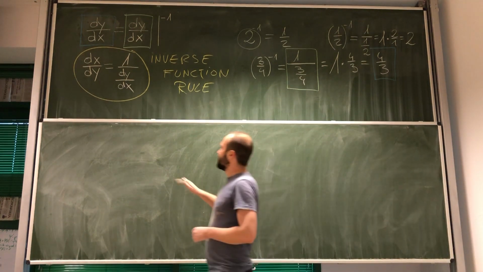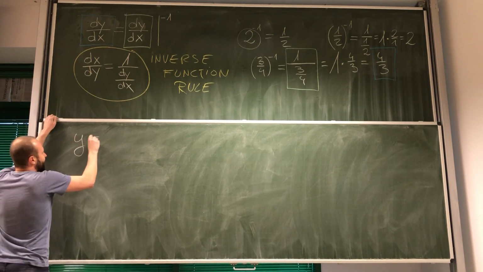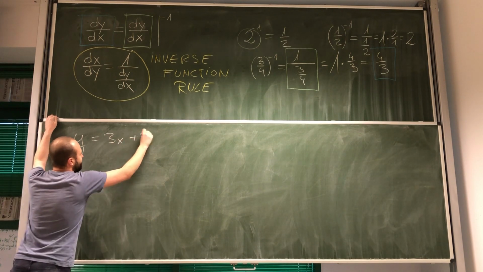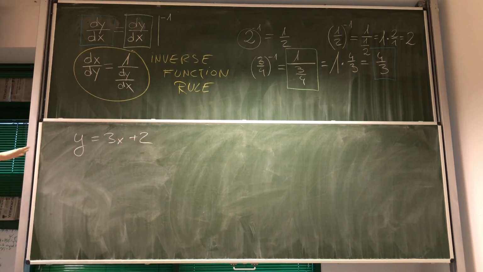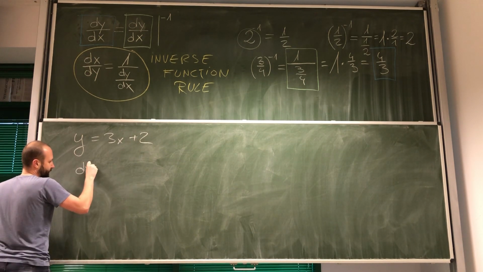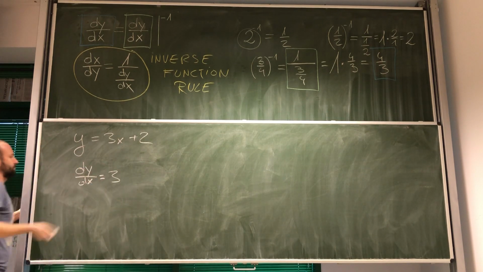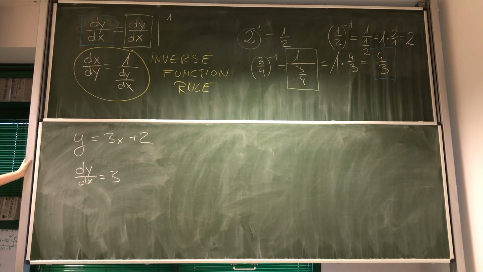Let's just say that we've got a function y equals 3x plus 2. I can calculate easily dy/dx, right? It's just 3. Nothing problematic over here. But what if I don't want to have derivative dy/dx?